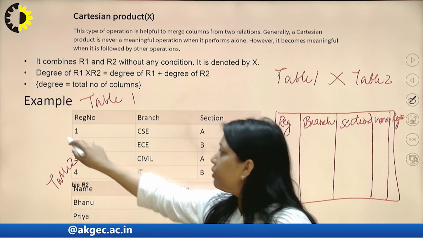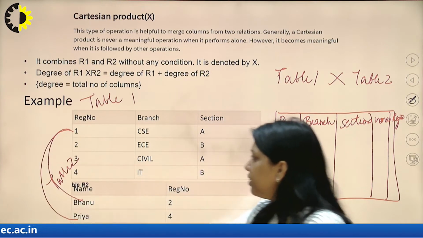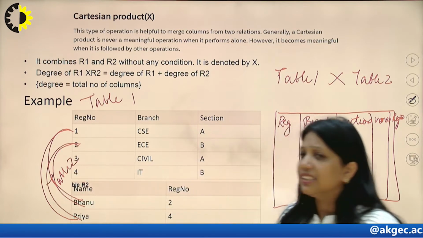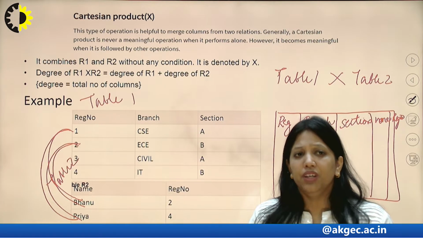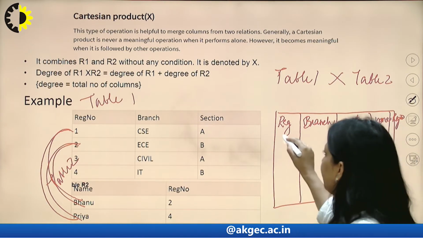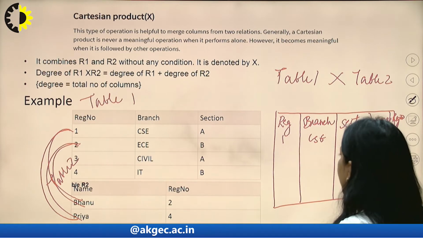So in output, what will we get? We will multiply this row with this one and this row with this one. Then the second row with this one and then the second row with this one. Every row of table 1 is multiplied with every row of table 2. So in output, we will get 1, CSC, A, Bhanu and 2.